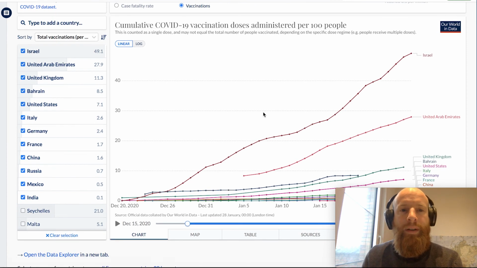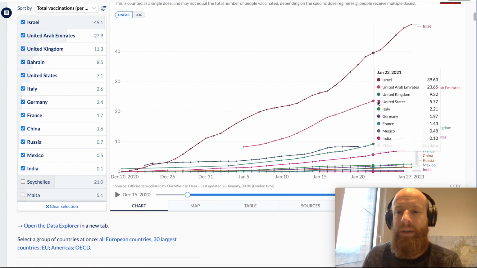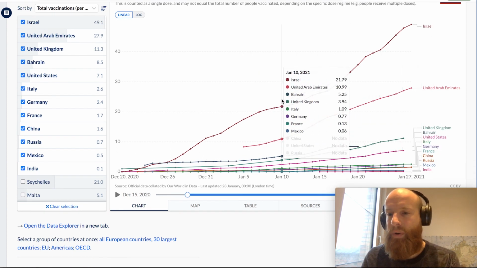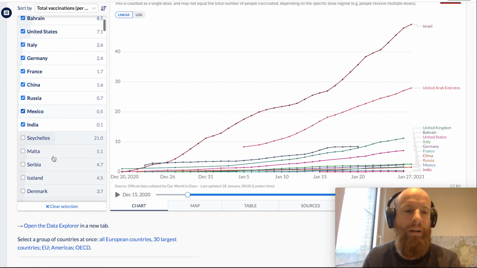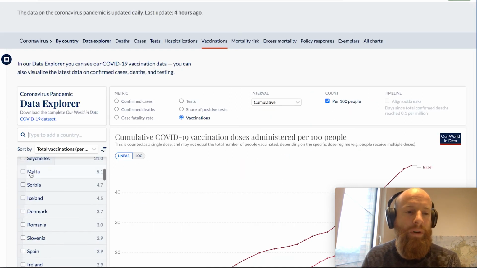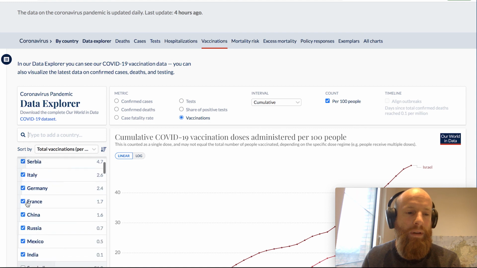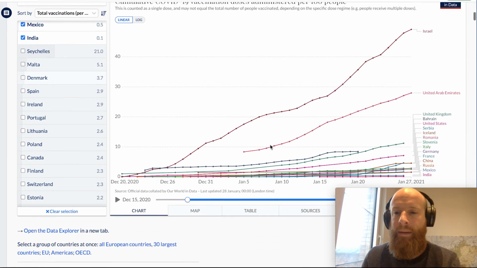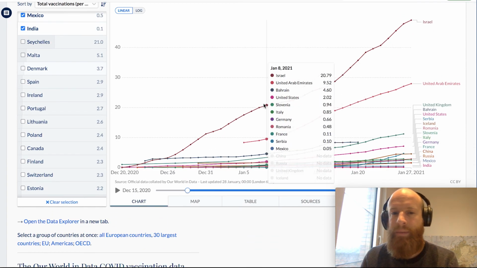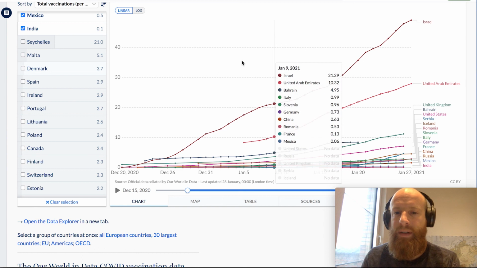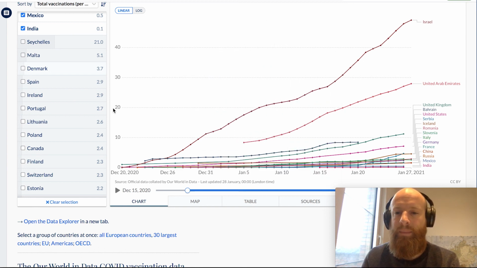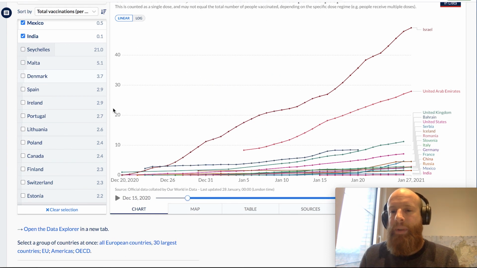So we're looking here at a chart about COVID-19 vaccinations, and you can see there are maybe 12, a little bit more countries selected here. I can select more countries. I'm just picking some of them at random here. So we probably have some 20 countries listed here, and you'll notice that the chart becomes a bit unreadable.